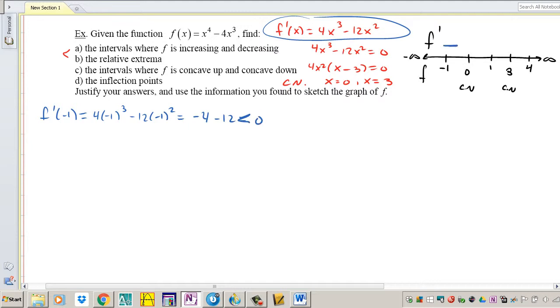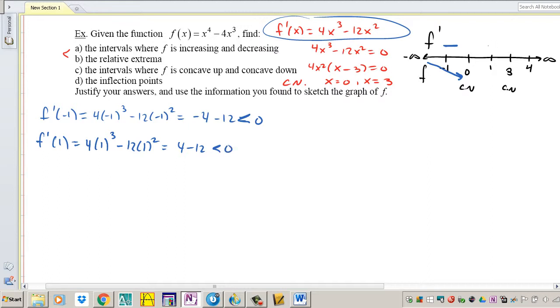So this is a negative, which means that it's a decreasing function from -infinity to 0. Let's test our other value, f prime of 1, which is 4 times 1 cubed minus 12 times 1 squared, and that is 4 minus 12, which is also still negative.